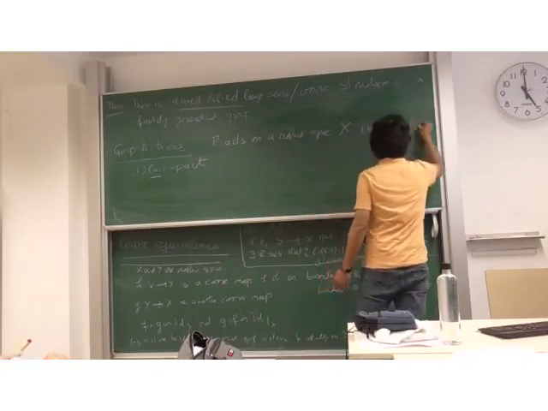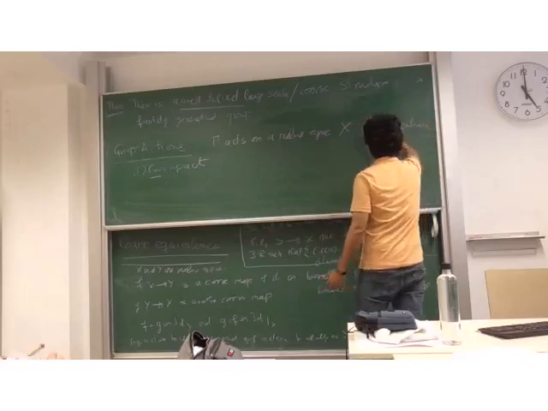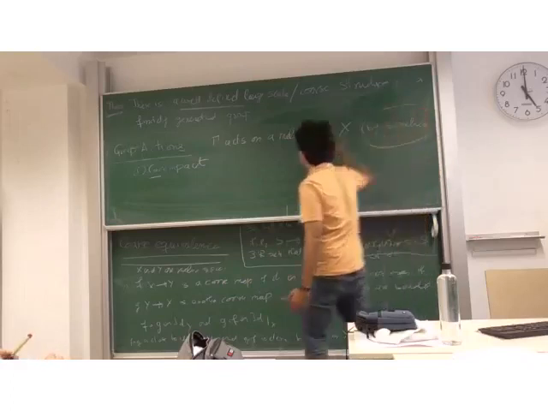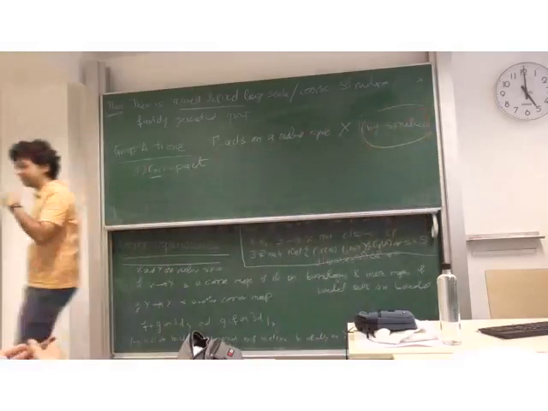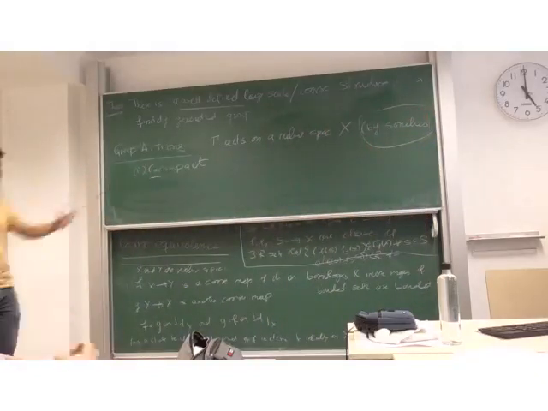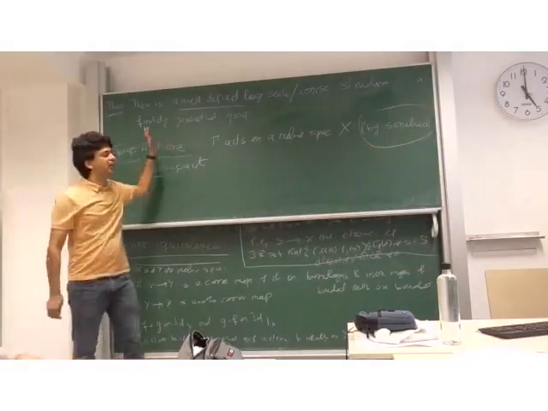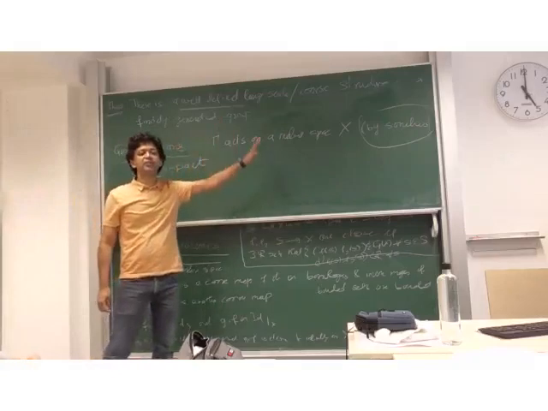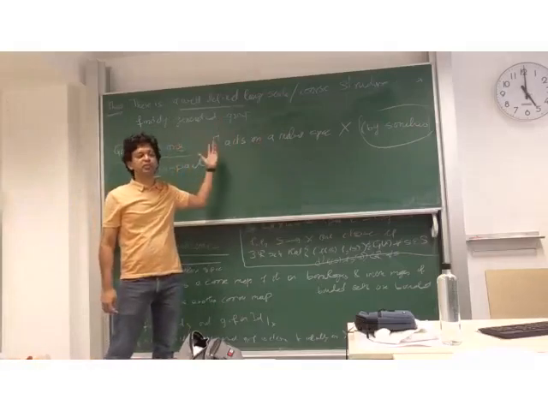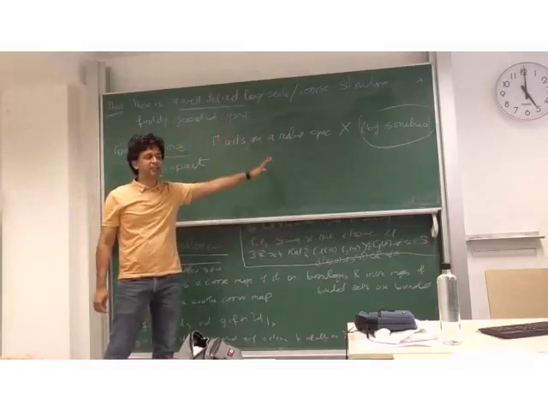But this is not important for the definition. That is the point: a group action means you are trying to find symmetries of something. You want to represent your group as the symmetries of this object.